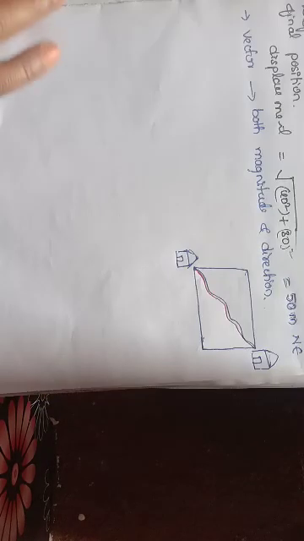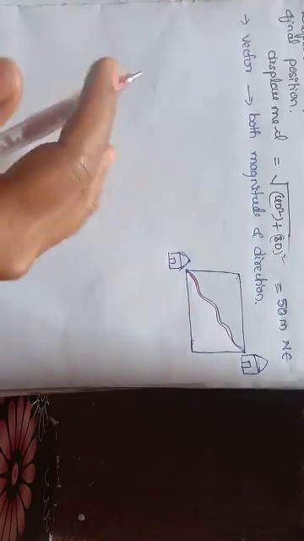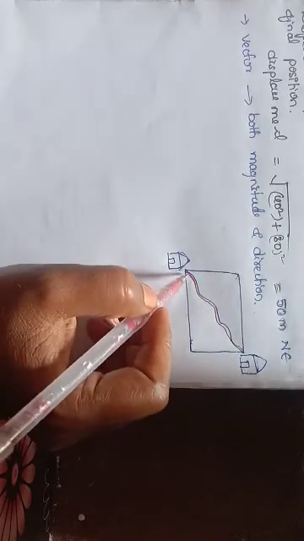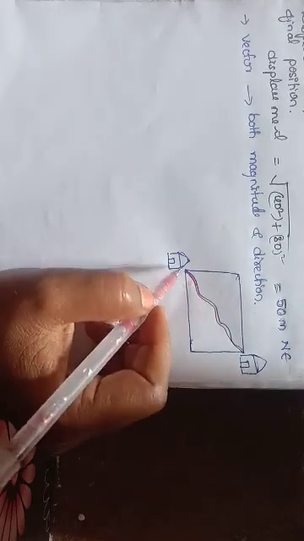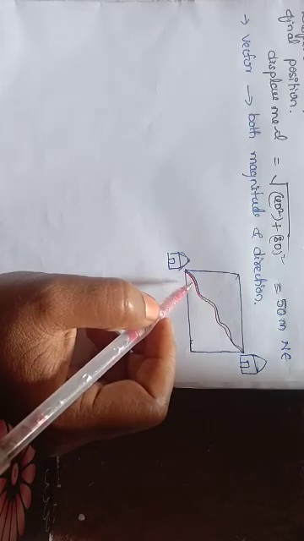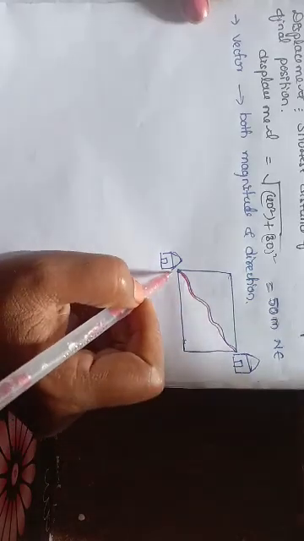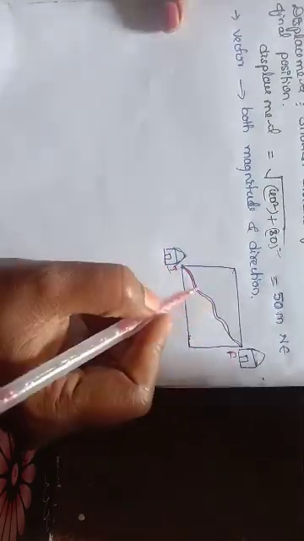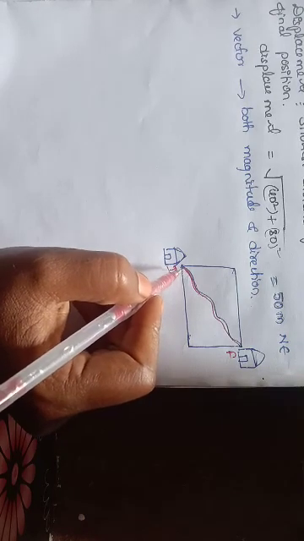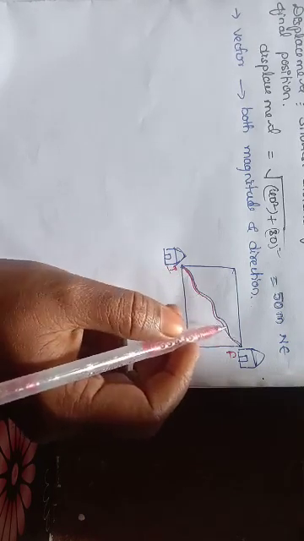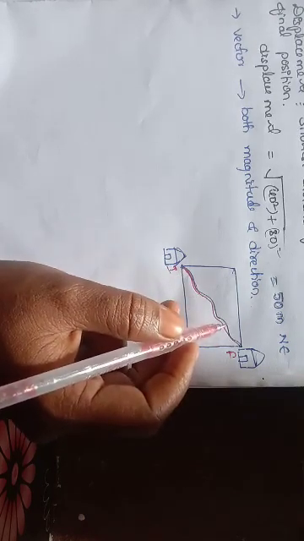Now let us consider the same park, your house and your friend's house. Let us consider now you are going along the park through this path. Here are the initial position and final position. What is the distance here? How do we measure the distance? It is a curved path, right? Try to measure with the help of a rope, and then measure the length of the rope using a tape.